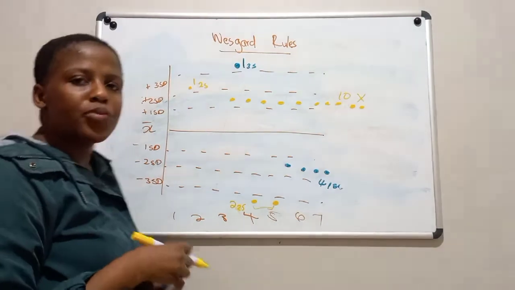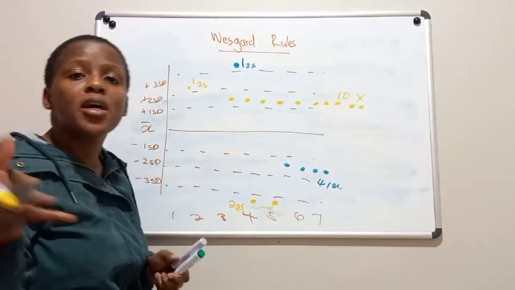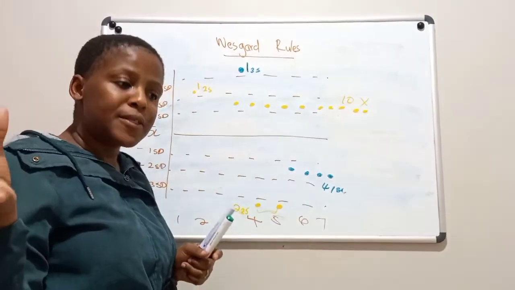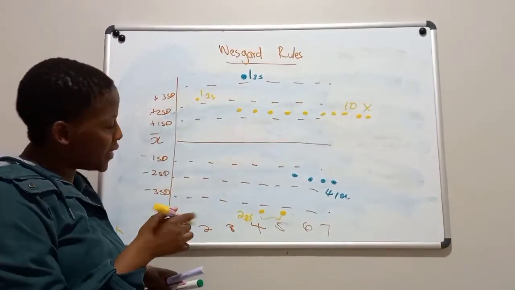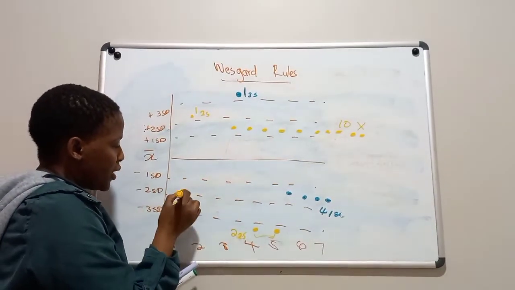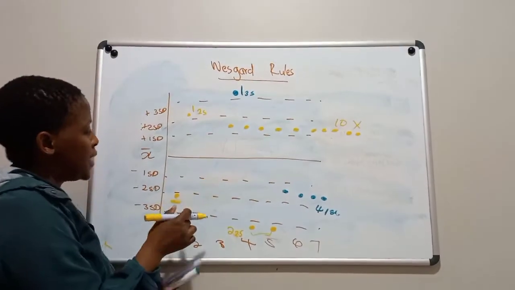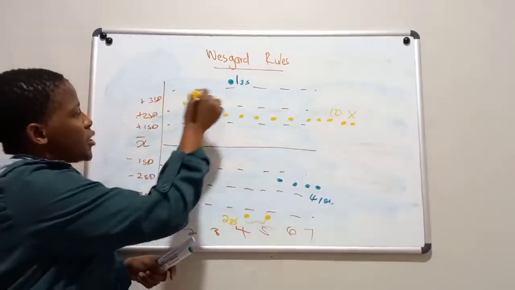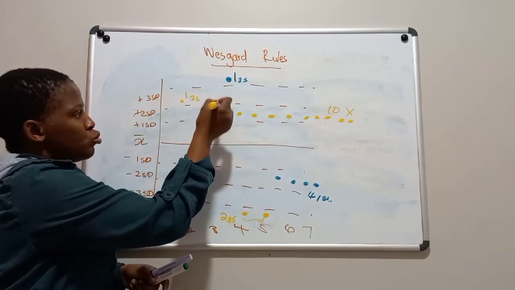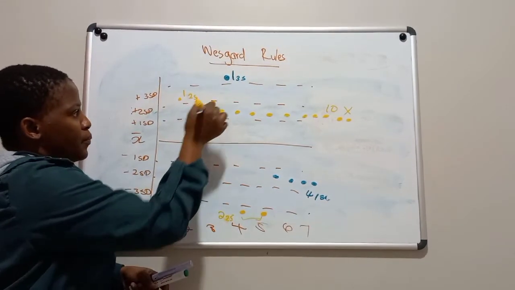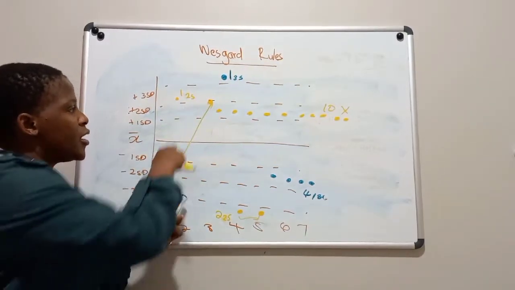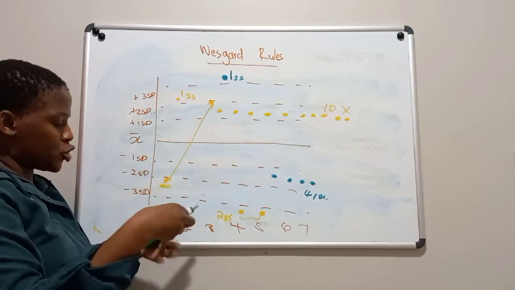And another one that we learned about is the R-4S, whereby you have 2 consecutive points that exceed 4SD. So let's say you have a point here on minus 2SD today, and then the next day the QC jumps to the plus 2SD.